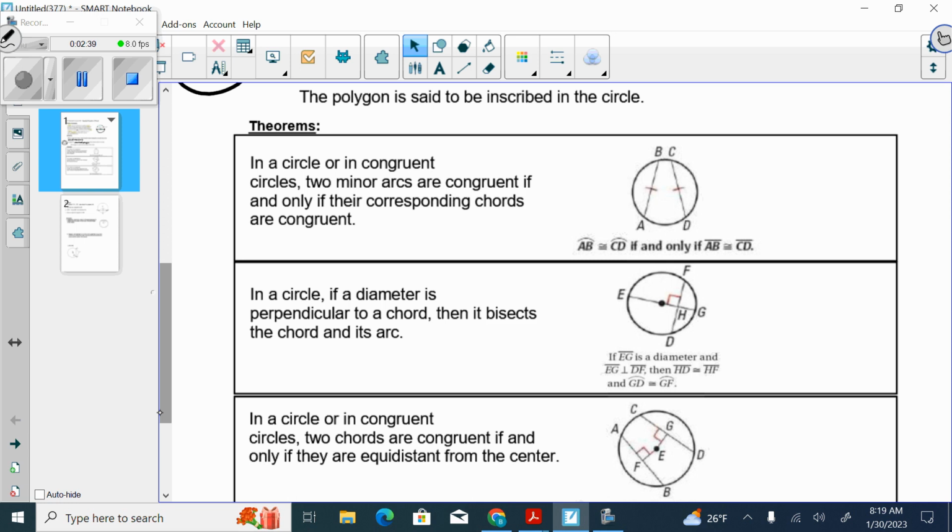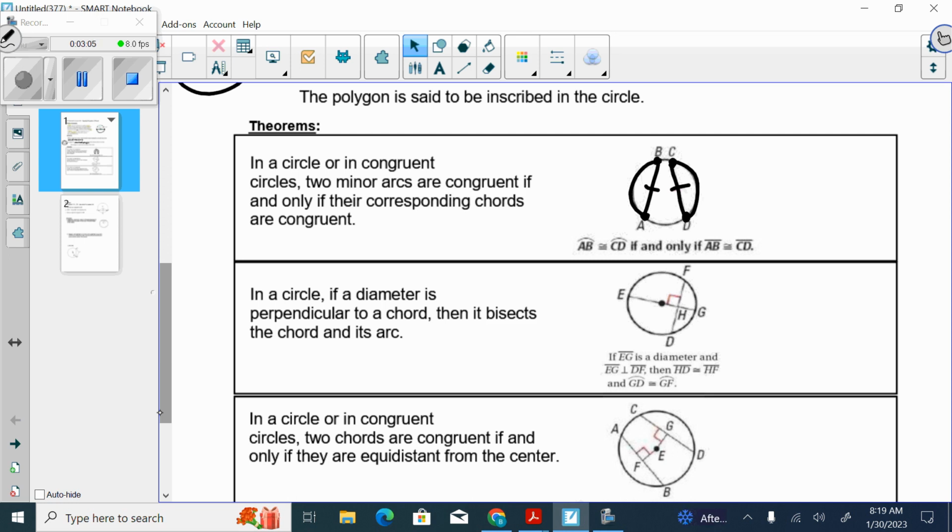So the minor arcs here would be like AB and CD. They're saying those 2 arcs are congruent, so the same size, if their chords, which are the ones that go from the same endpoints, are congruent. If those 2 chords are congruent, the arcs are congruent, and vice versa.